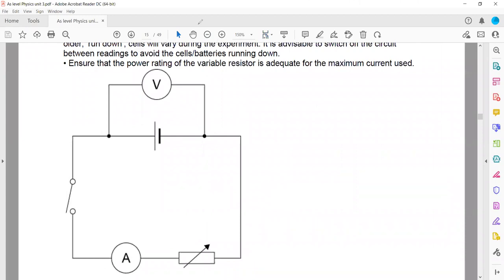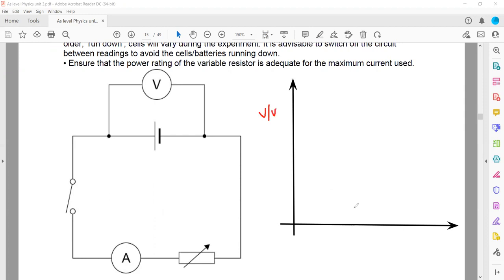First we connect a voltmeter in parallel to the cell, and the switch is open. So V is the voltage, and I is the current.